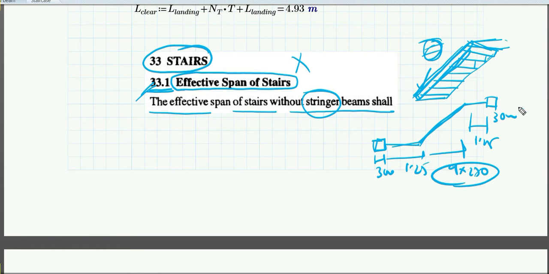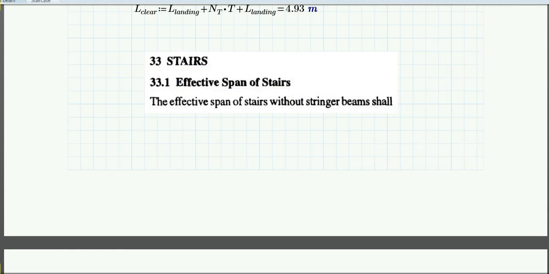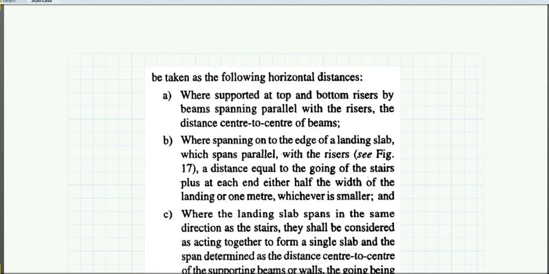So this is the total actual configuration. As we have support parallel to the riser on this side, these are not called stringer beams. A stringer beam has to run along the flight. So this is not happening, stringer beam is not present, so we can use this particular clause, that is 33.1.